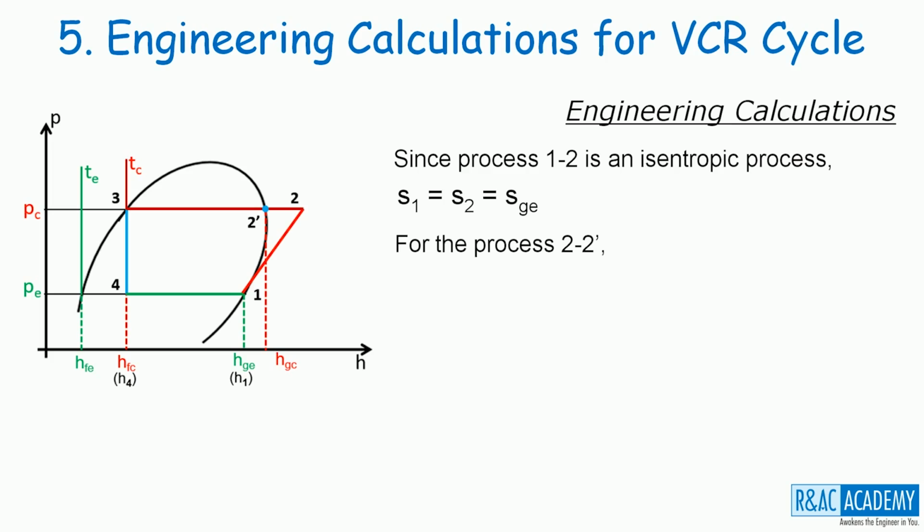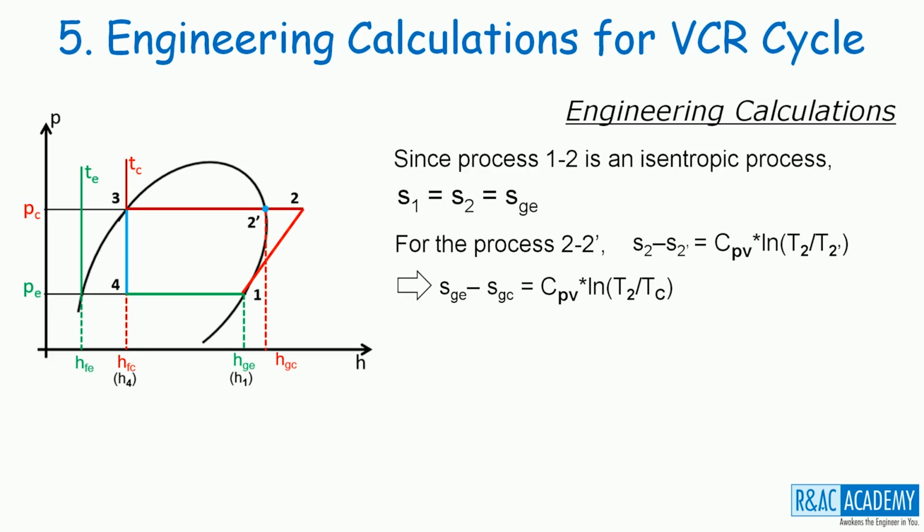This is a constant pressure process only. So, for a constant pressure process, we have this expression from thermodynamic relations. Let us substitute the data points that are available with us in this equation. We have S2 is equal to SGE, S2' is equal to SGC, CPV is known from property tables, T2' is equal to TC.